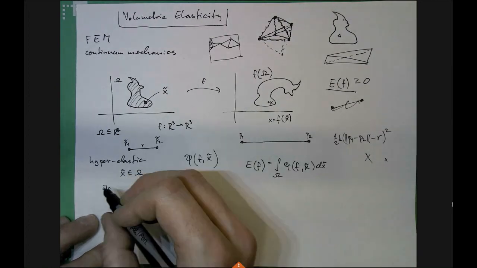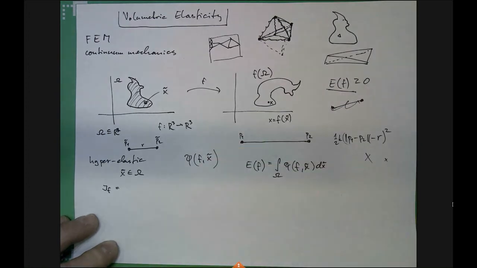So what is the Jacobian of f, or equivalently the gradient? It's a vector function, so usually you call it Jacobian, but some people also call it the gradient of a vector function.